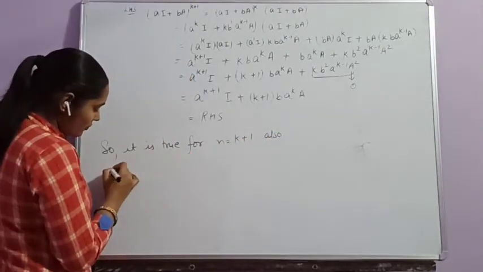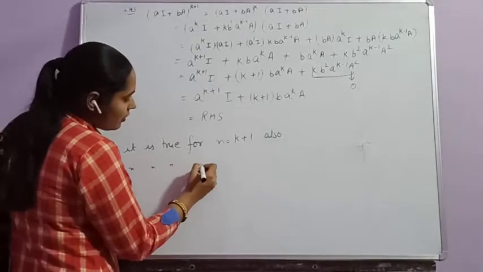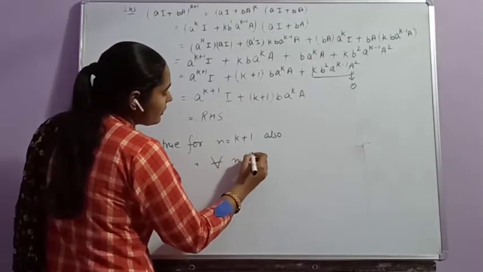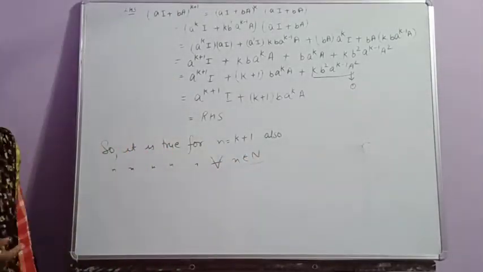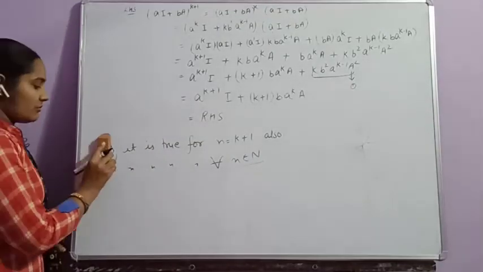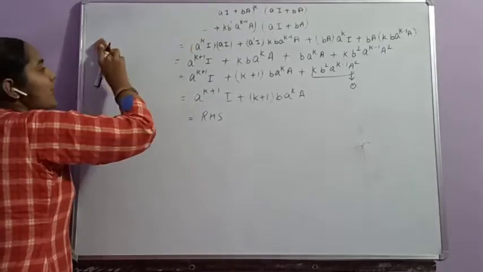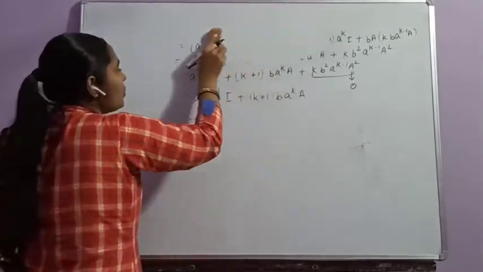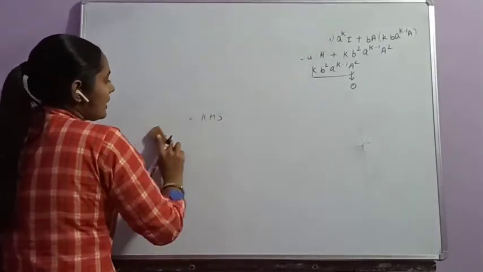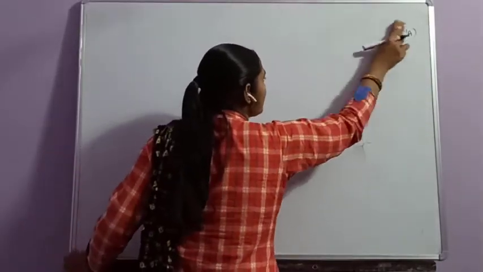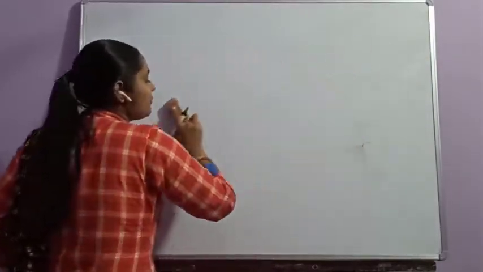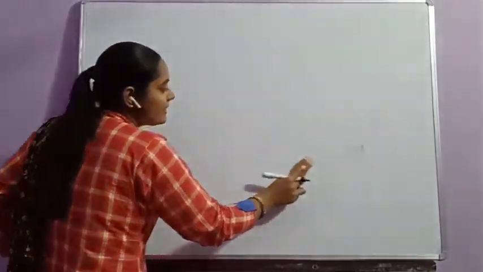So it is true for all n belonging to natural numbers. Clear? Hence proved. By using principal mathematical induction, firstly we show that it is true for n equal to 1. Then we consider that it is true for n equal to k. And in the last, we prove that it is true for n equal to k plus 1.